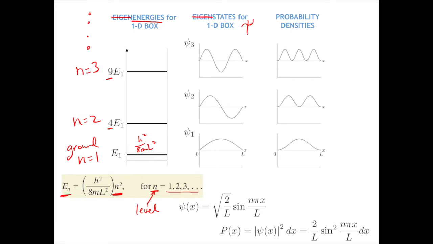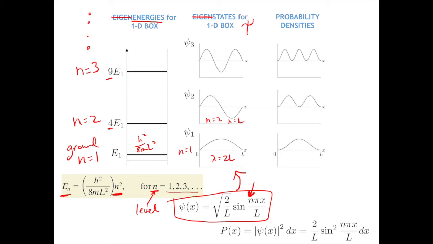For the states, the actual wave functions themselves, we find that they actually are sines, or they're sinusoidal in shape, right? They have a magnitude of root 2 over L, and then we have n shows up inside the sine term, right? And that actually changes the wavelength, right? So for n equals 1, the wavelength equals 2L.